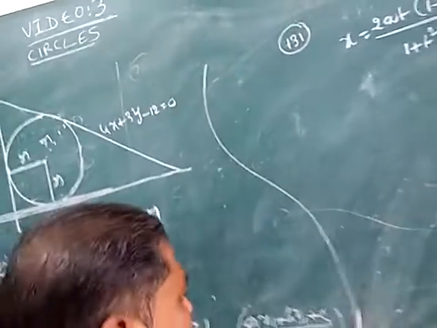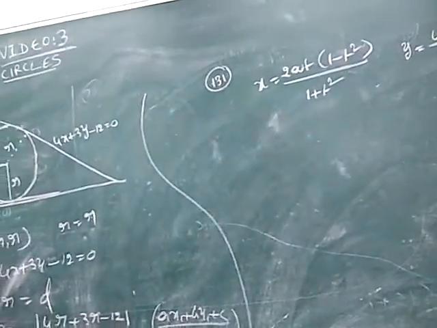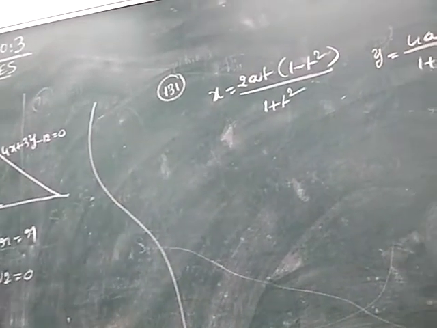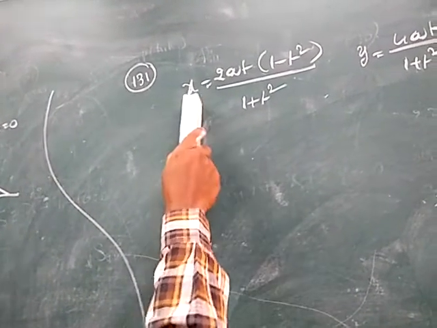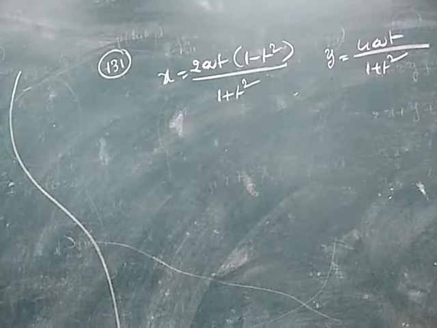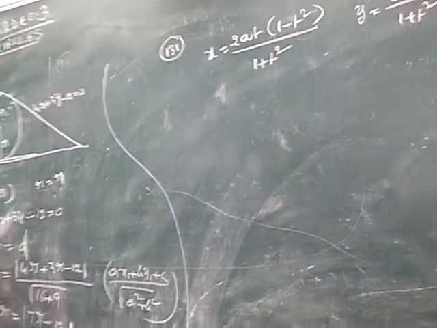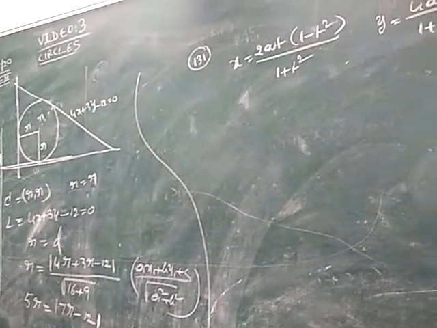Next, bit number 131. If the parametric equations x equals 2a(1 minus t square) by (1 plus t square), y equals 4at by (1 plus t square) represent a circle, find the radius of the circle.